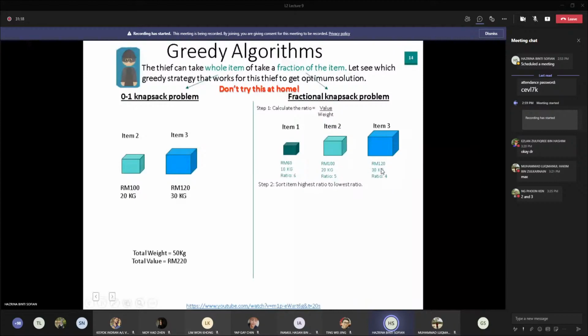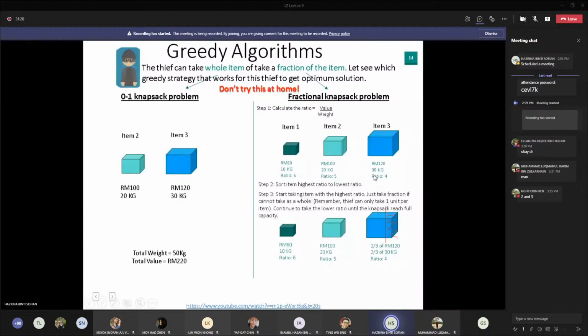So what we can do here, step 3, is to take the item with the highest ratio and just take the fraction if it cannot be taken as a whole. Currently, because he only has 20 kgs left, we can take 1/3 of the third item.